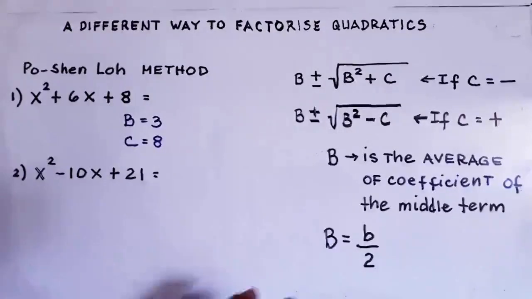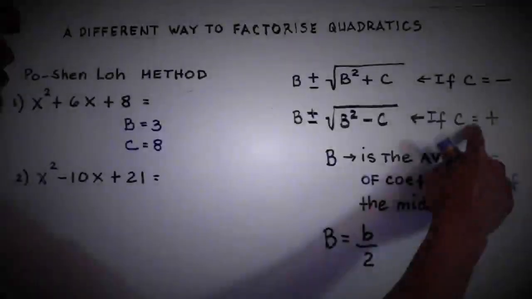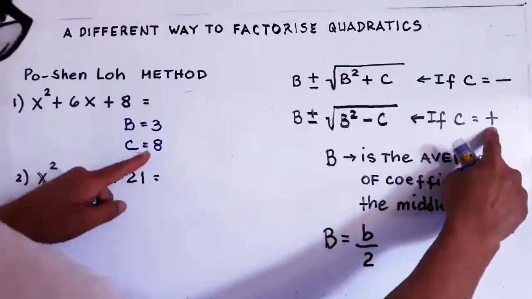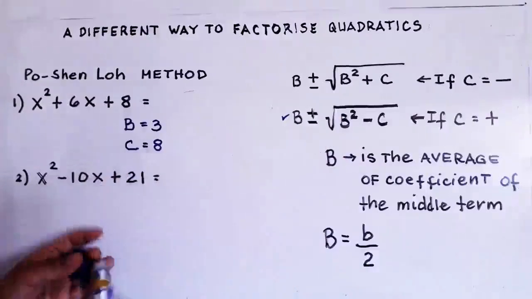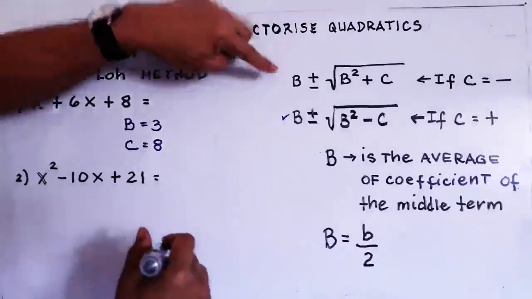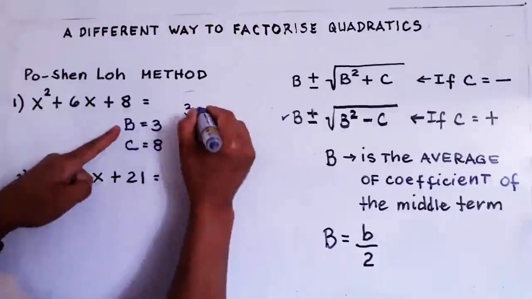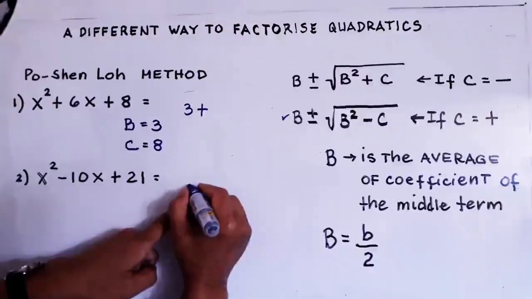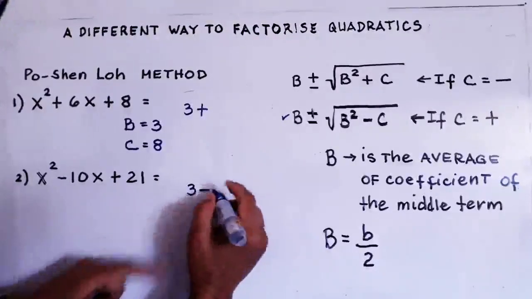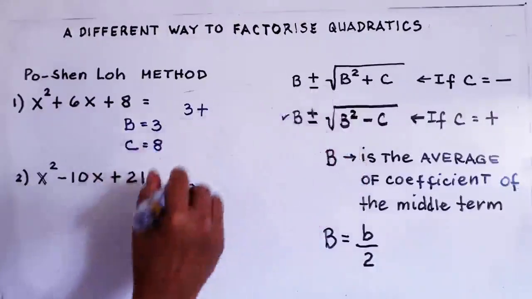In our formula, because the c is positive, just look here. If c is positive, then we use this one here. Let's start. Let's have the B, which is 3 already, and then we are going to have a plus, and another one, a minus. 3 plus and 3 minus, so that is for this equation.